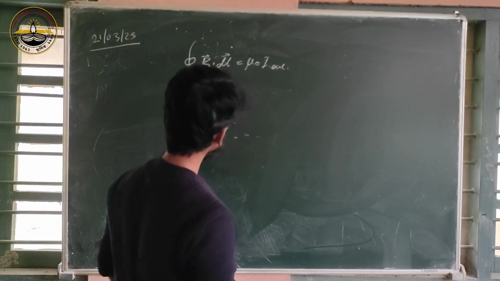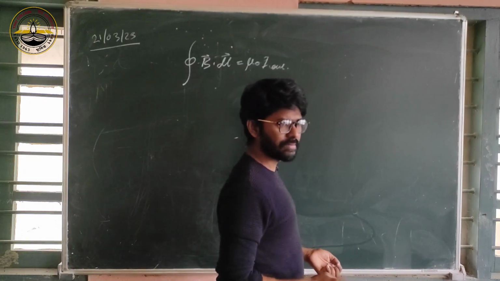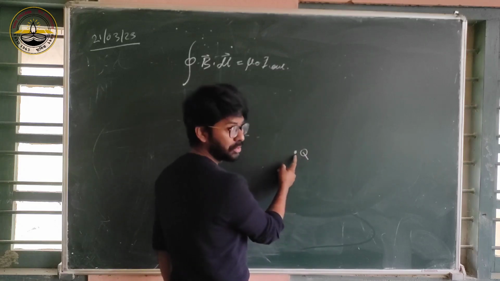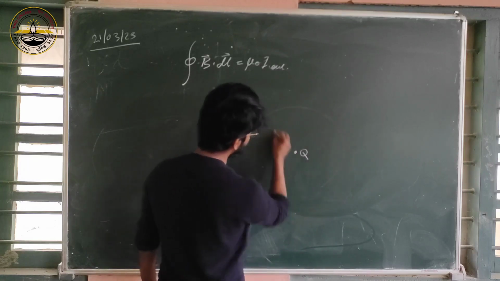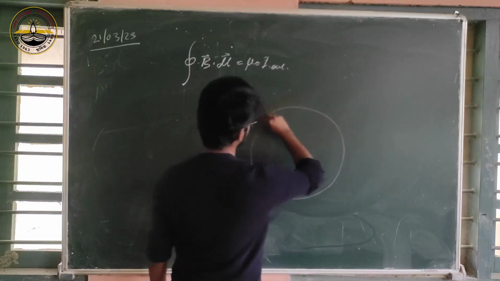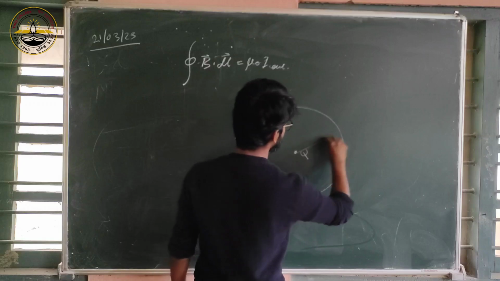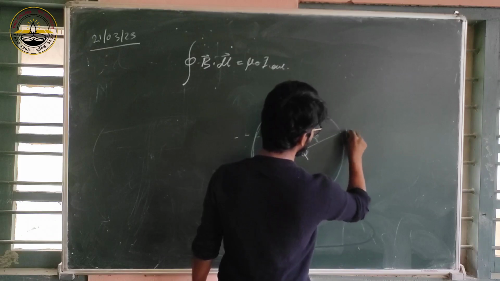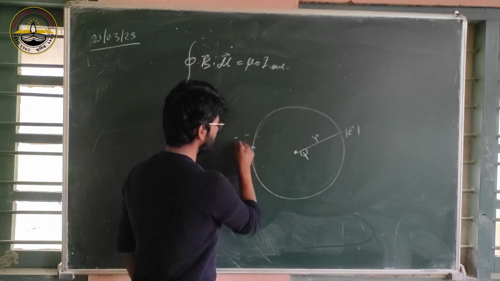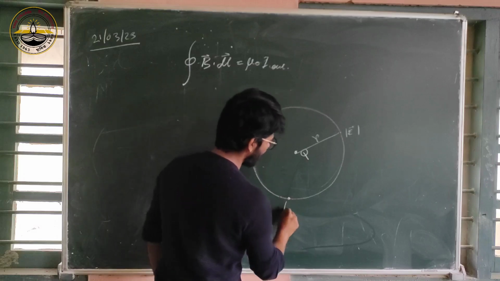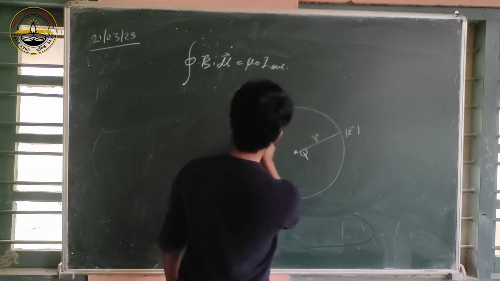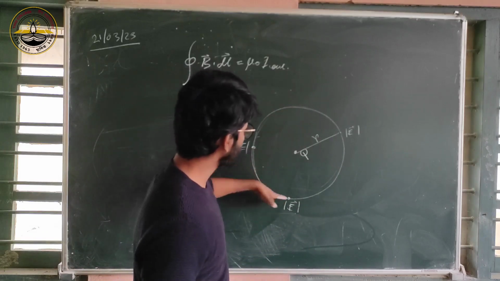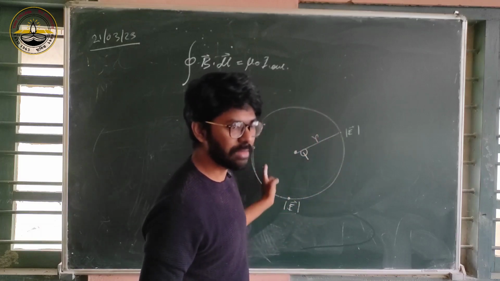For example, in Gauss law, in the last class you have one charge Q, then you can take a sphere around it at a radius r, and the magnitude of the electric field is the same everywhere on the surface of this sphere, because it depends on 1 over r, and r is the same.